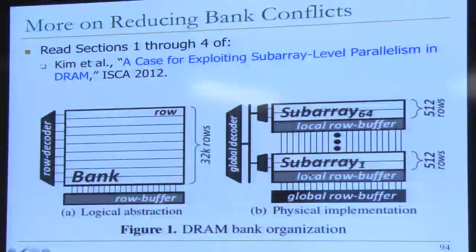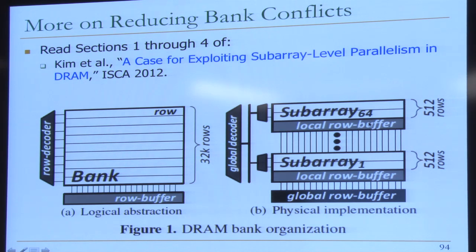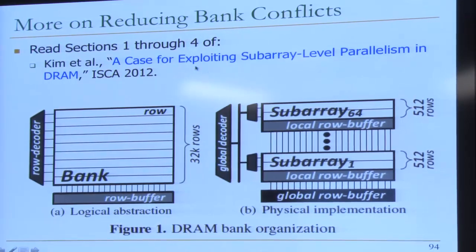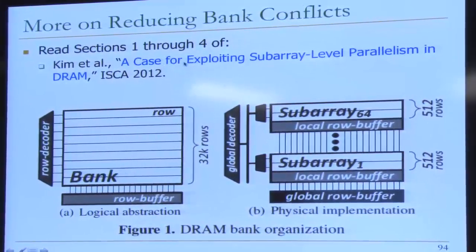It's not done today in today's DRAM chips, but if you take a look at this paper, you can get the high level of the idea. In fact, the paper that I recommended from Samsung and Intel mentions this paper, saying that this is a good idea to reduce some of the bank conflict issues that they're having.